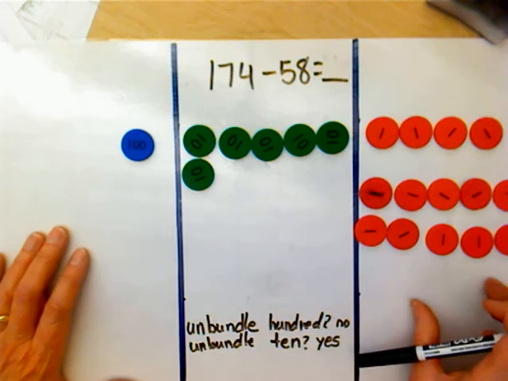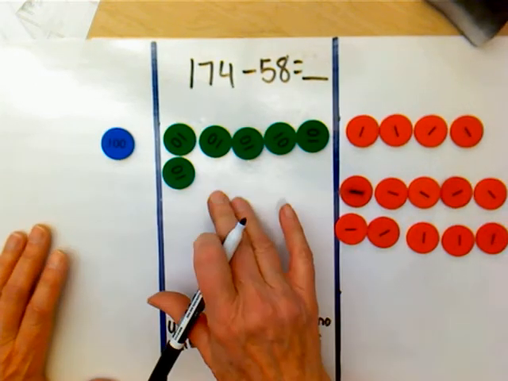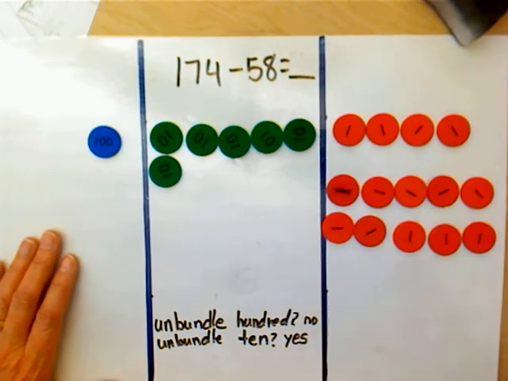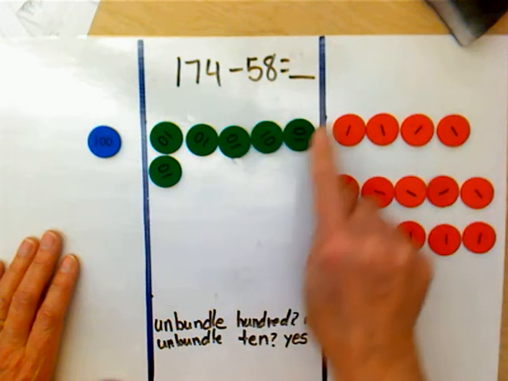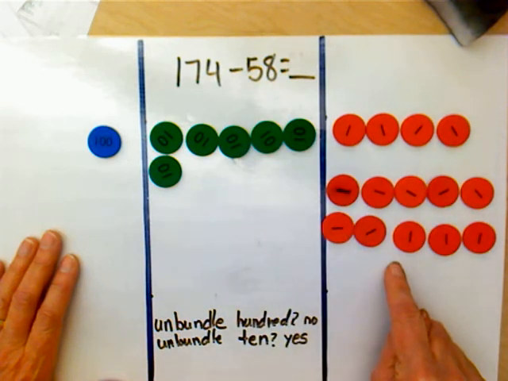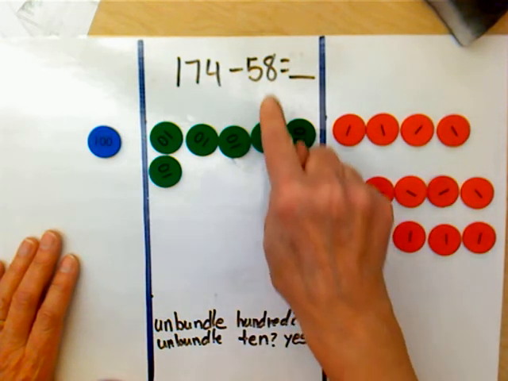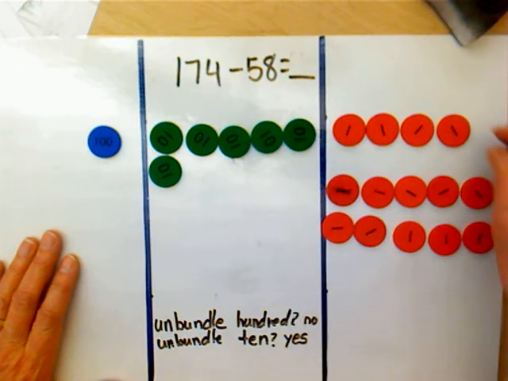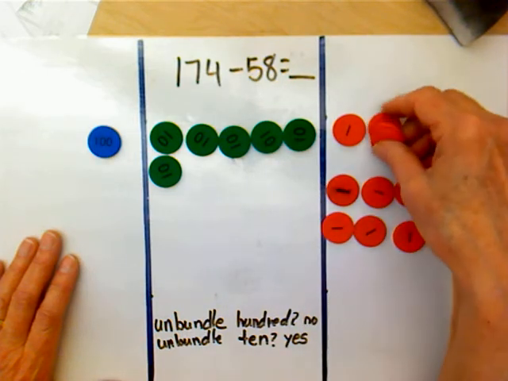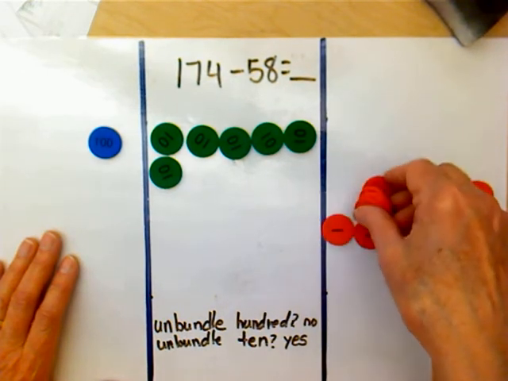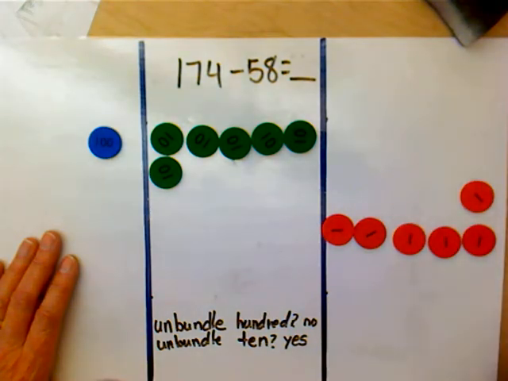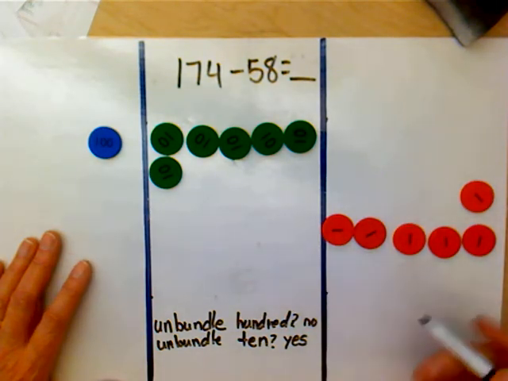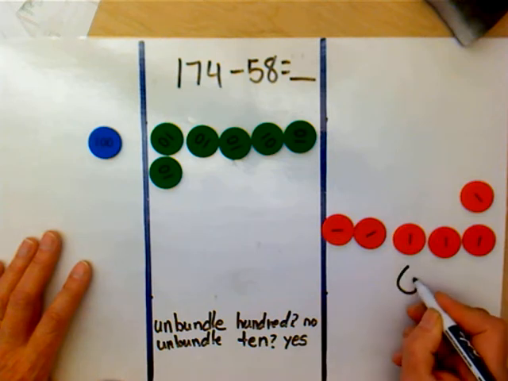Now that I have looked at my ones and I've also looked at my tens, I am ready to subtract. So 8 ones from the total number that I have now, which is 14 ones. I can now take 8 ones from 14 ones. 1, 2, 3, 4, 5, 6, 7, 8. 8 ones from 14 ones leaves me with 6 ones.